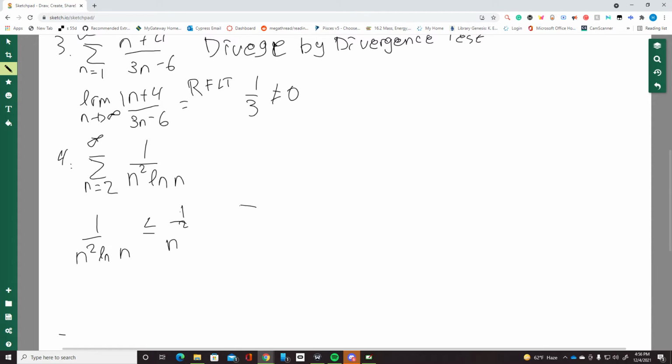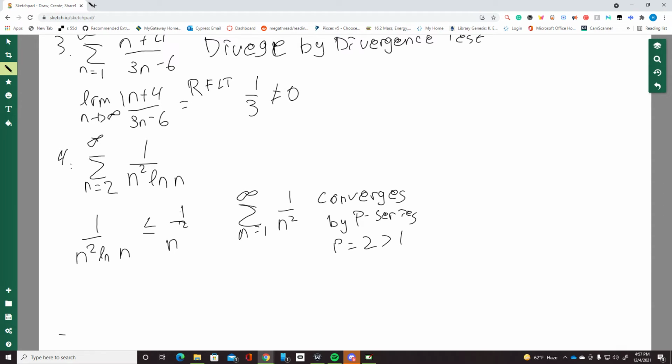And then we can confirm our choice: the series of 1 over n squared converges by the p-series test, as p equals 2, which is bigger than 1.